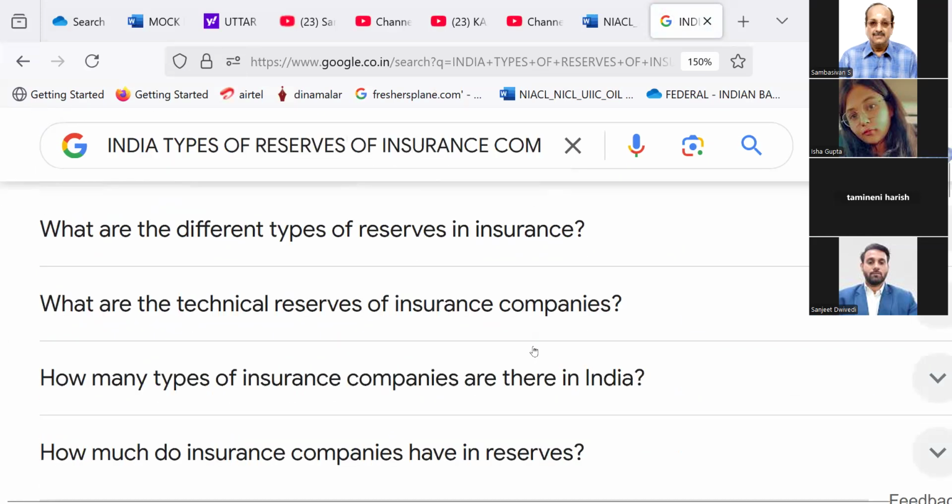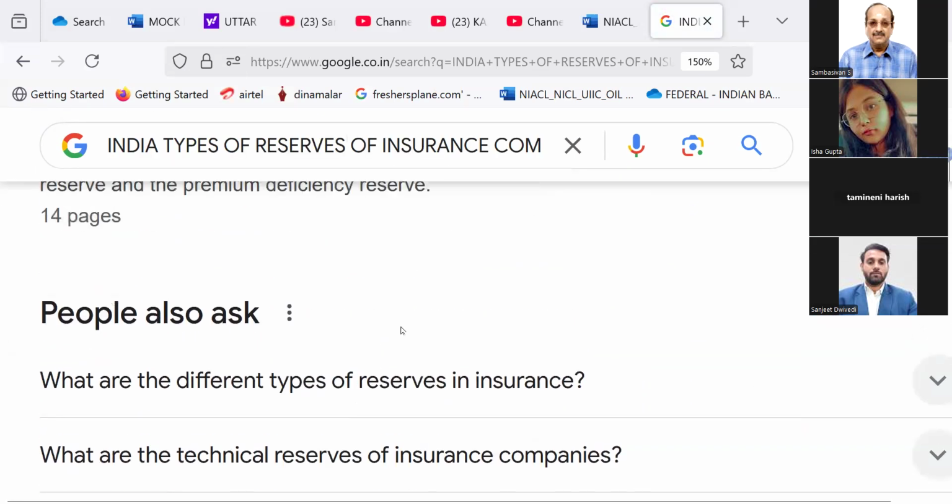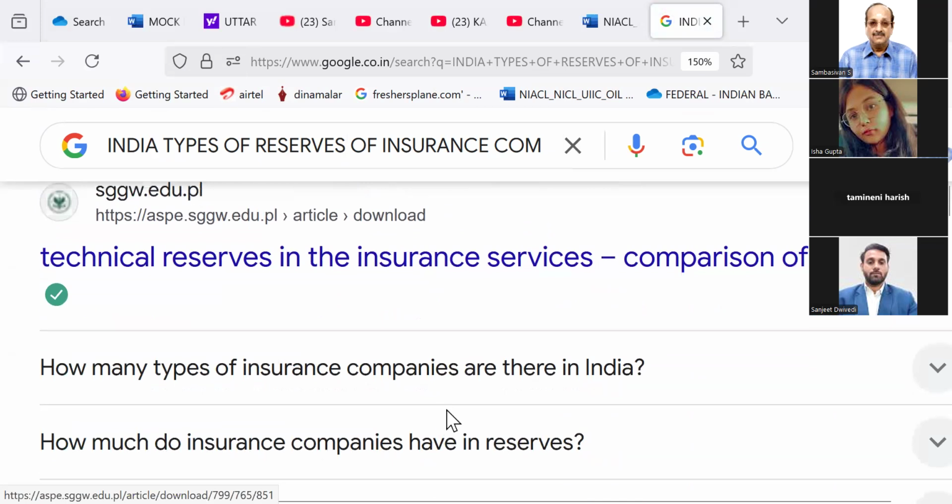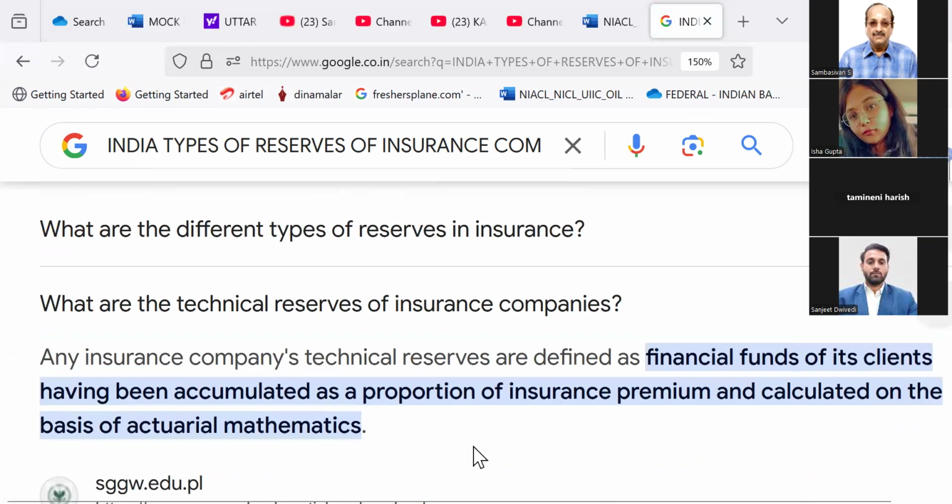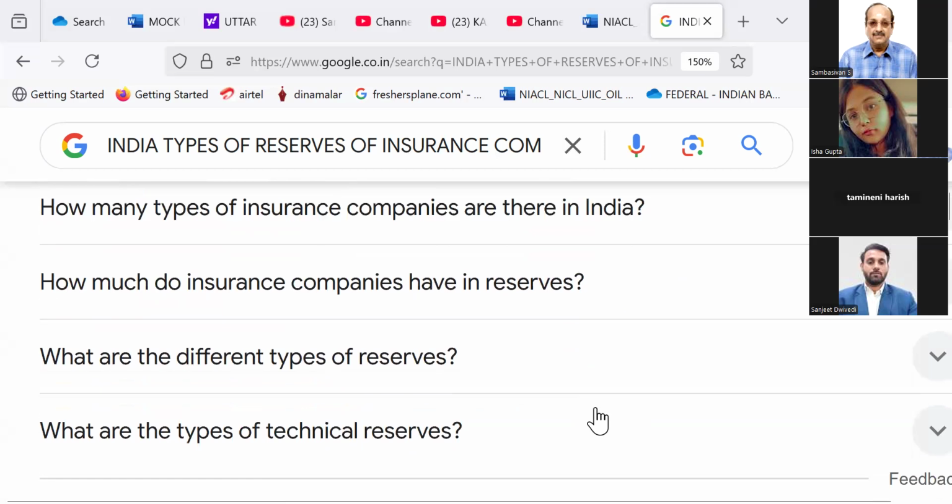In the annual statement, I have seen only unexpired risk reserves and unearned premium reserve, sir. Normally, these are the major reserves. What are the technical reserves of insurance companies? Technical reserves are defined as financial funds of clients accumulated as a proportion of insurance premium and calculated on the basis of actuarial mathematics. I don't know what it is.